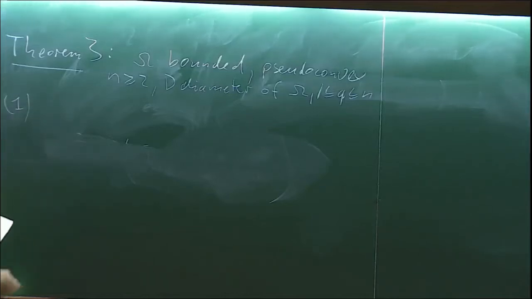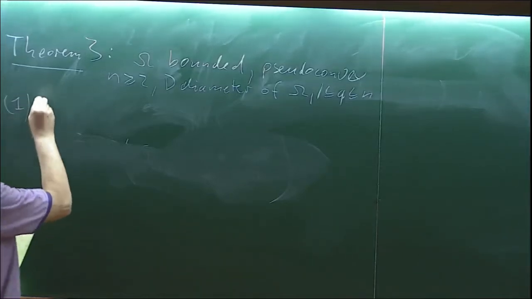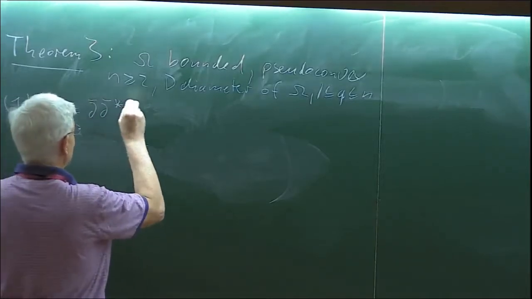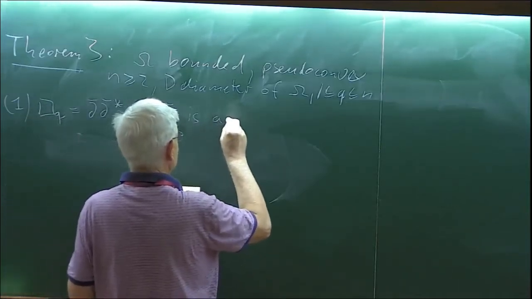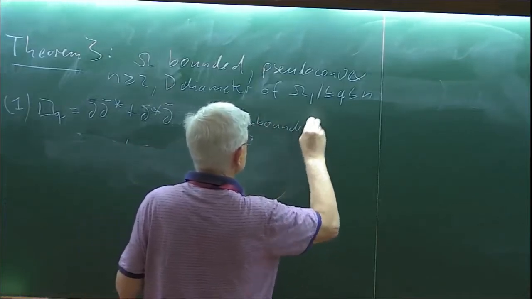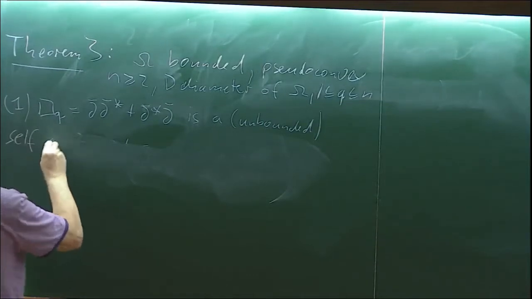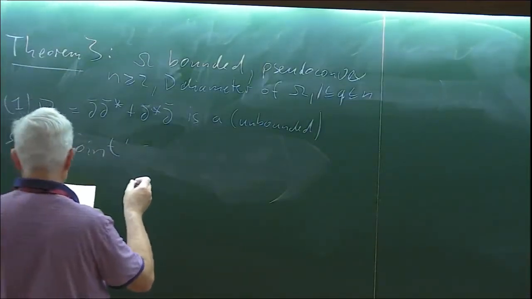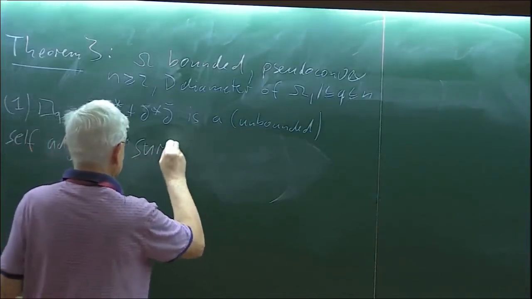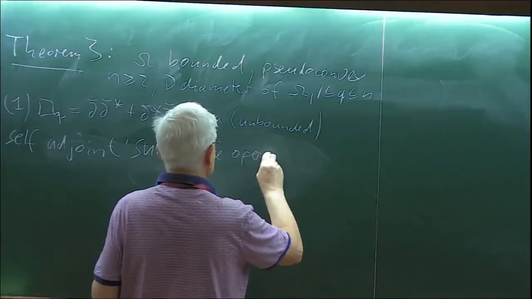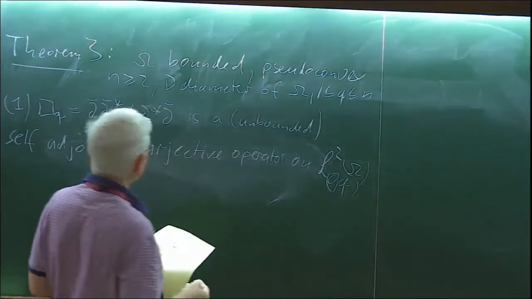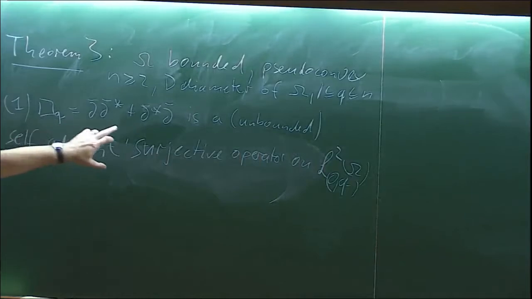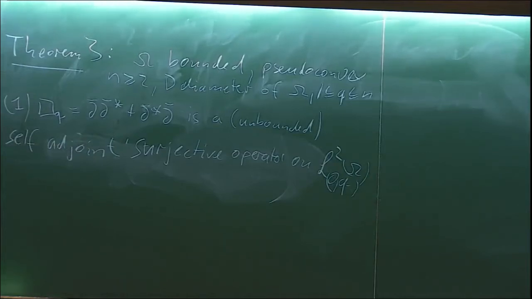Then there are many parts to this theorem. 1: box Q equals d bar d bar star plus d bar star d bar is a self-adjoint, well, unbounded, self-adjoint surjective operator on L2 0,q of omega. Note that it's obviously symmetric from this form, but symmetric is not necessarily the same as self-adjoint, but here it is.